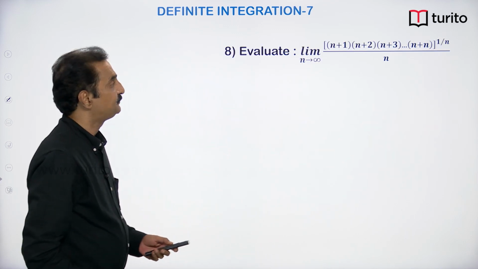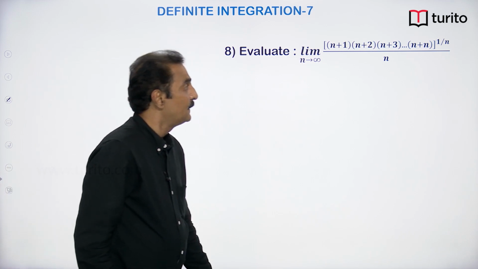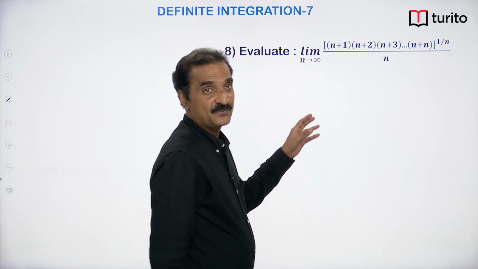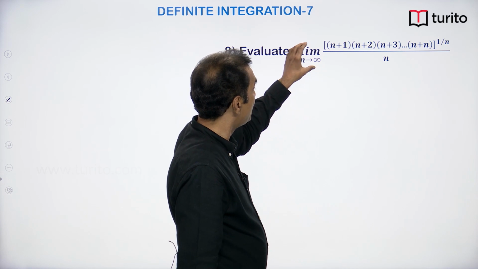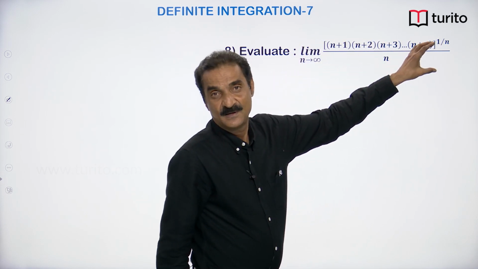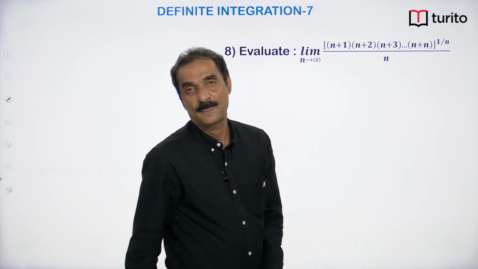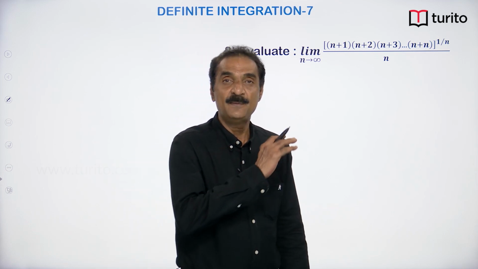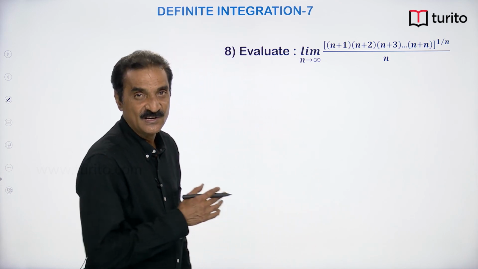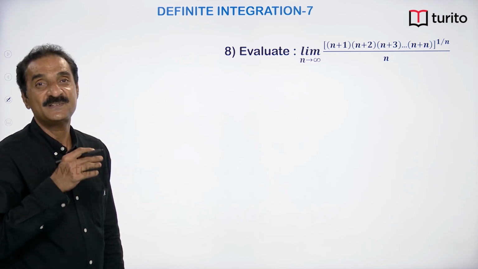Next question. In all the previous questions, we have calculated the limits of sums, but this is a product. We can find the limit of a product by using the same method, but first we have to express it as a sum.